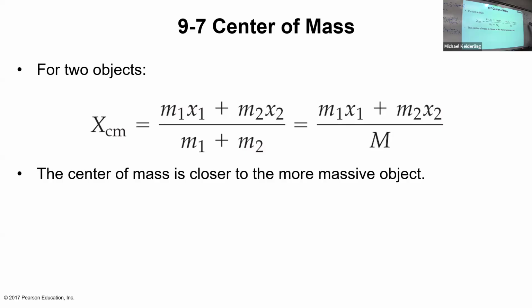So it is the sum of mass i, xi, over the sum of mass i. So it's the average of position weighted by mass. So you do mass times position for every object and divide by the total mass.